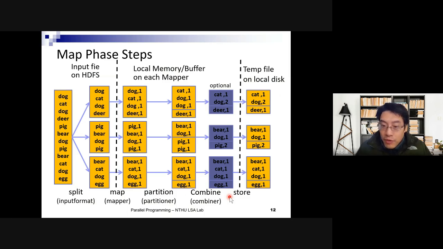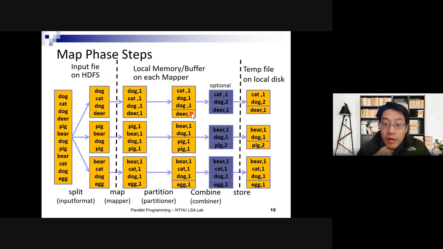So that means even though you define or implement this combiner, whether the combine function will be applied in this computation is decided by the framework, not by the programmer. So it may or may not be applied to your computation. It all depends on the framework. Usually, if the size of the intermediate key value pairs is small, then the framework will not apply the combine function, because it thinks the size is small enough.